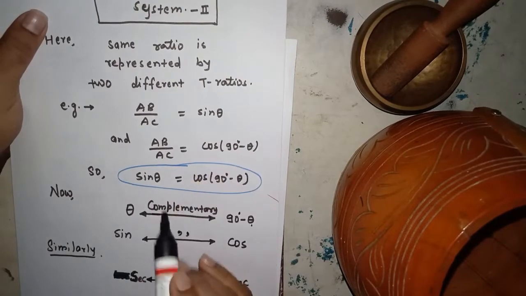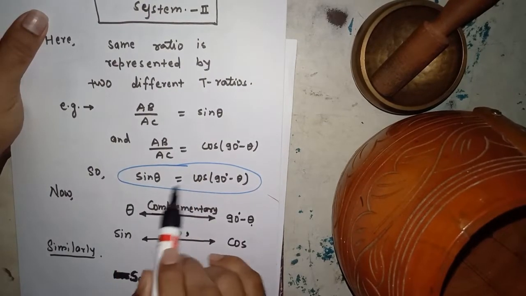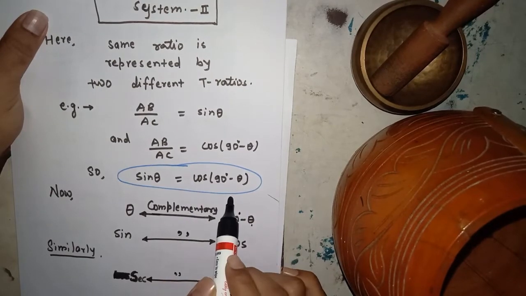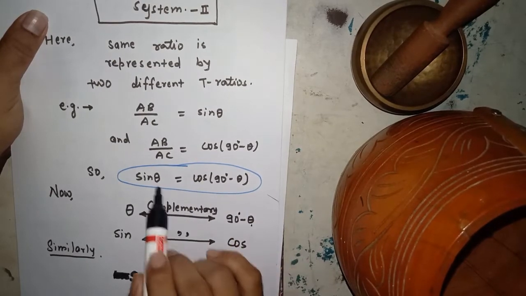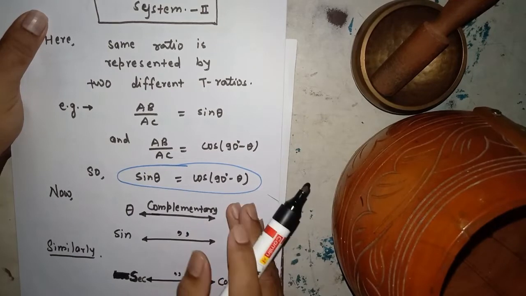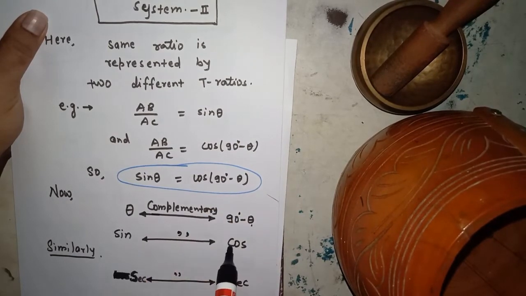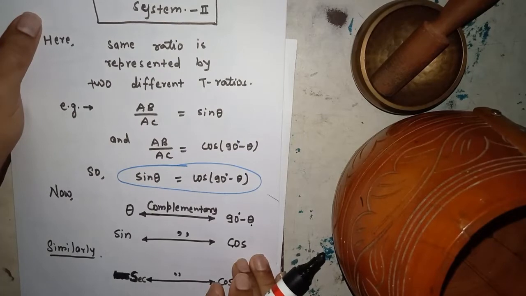So we can say sine and cos are complementary T ratios, trigonometric ratios. Why? Because theta and 90 minus theta are complementary angles. So it can be said that sine and cos are complementary trigonometric ratios.